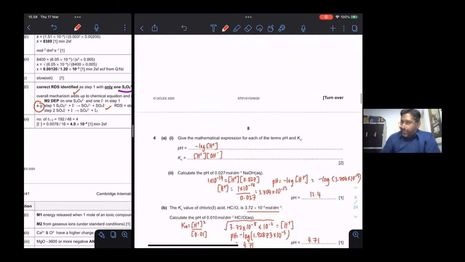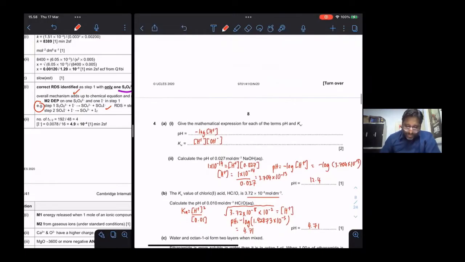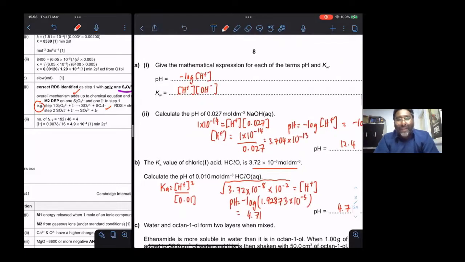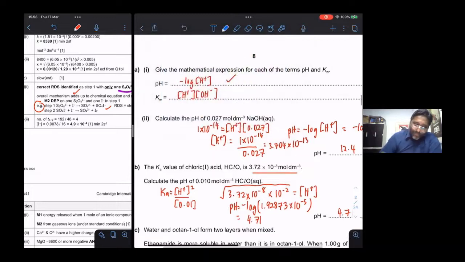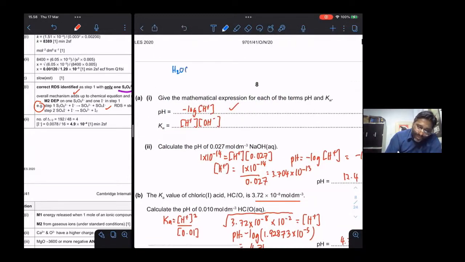So if I move forward, number 4, give the mathematical expression for each of the terms. For this one, it is quite simple. pH is going to be negative log H+, and then Kw. For Kw, don't include the water, because water is a liquid, and it is going to give you H+ and OH-, 1 mole and 1 mole.